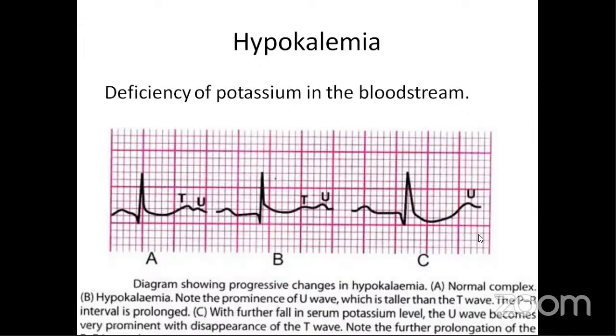Sometimes the T wave disappears and the U wave is prominent. So again, the deficiency of potassium has an impact on the ECG waveform. From that, the doctor can identify the person's abnormal condition.